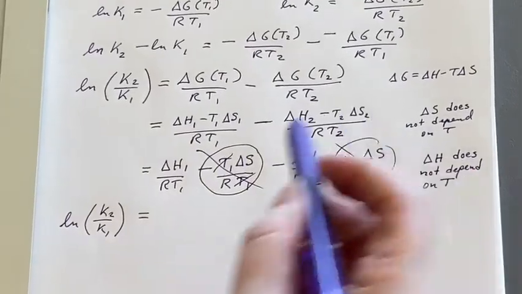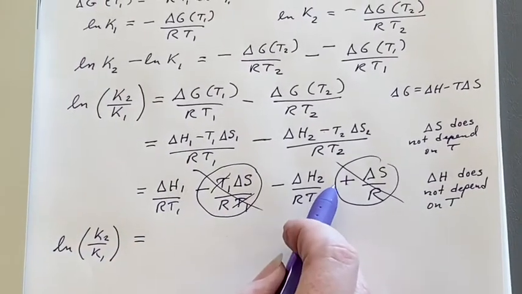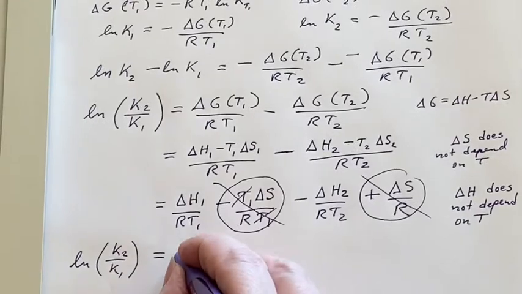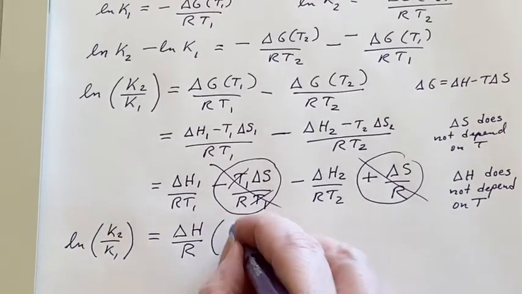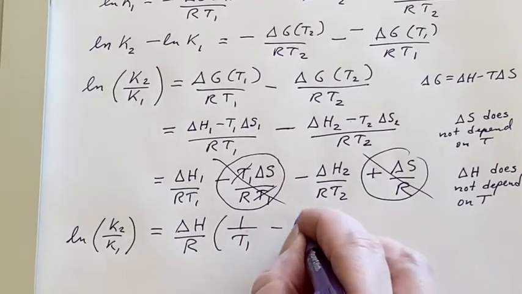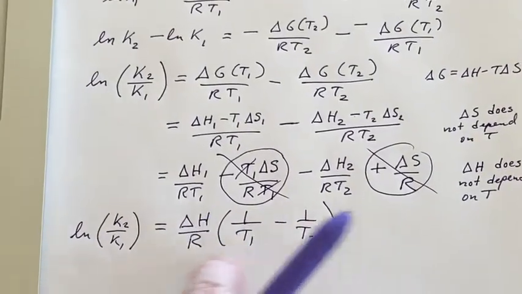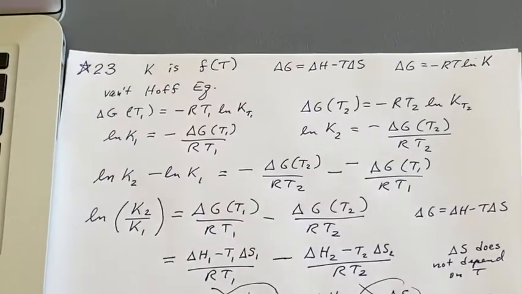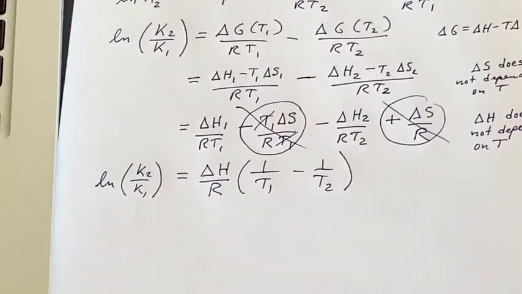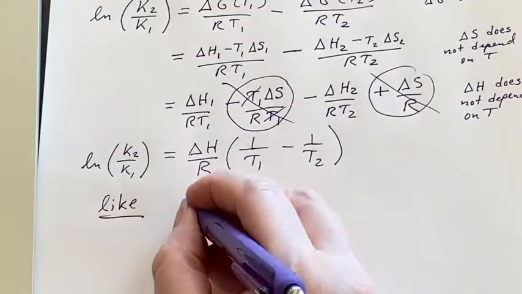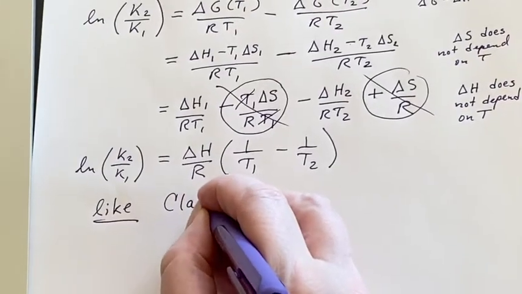At that point then, we can just drop the 1 and the 2 on this. Well, that means I have delta H, and I have R, and I have 1 over T1 minus 1 over T2. And that is your Van't Hoff equation, which looks very suspiciously like the Clausius-Clapeyron equation that we saw before.